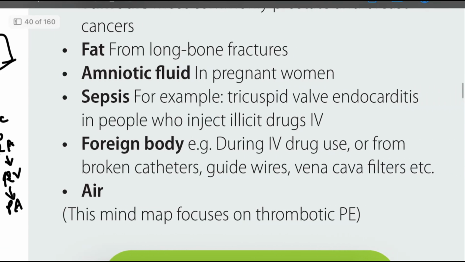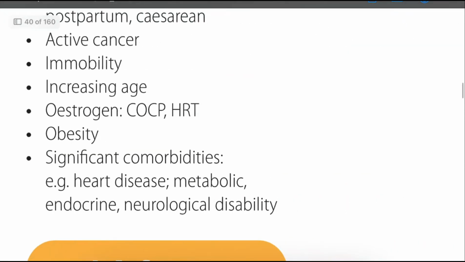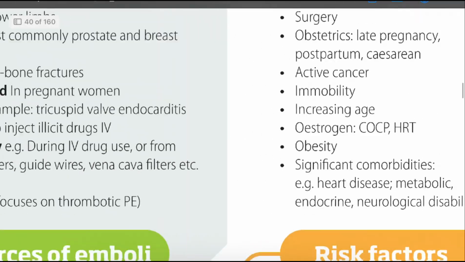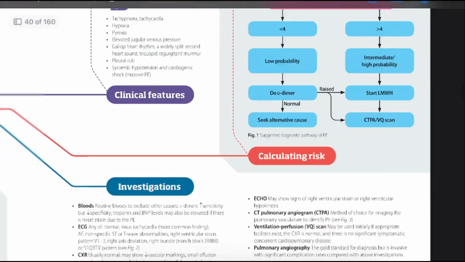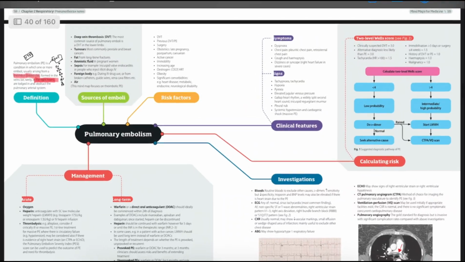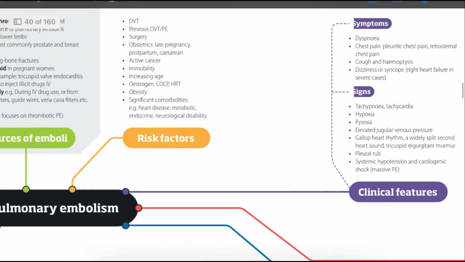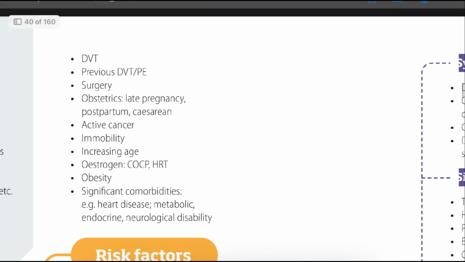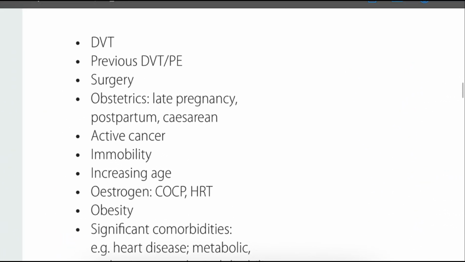So how will the patient get pulmonary embolism? If you're seeing the pathophysiology, first of all we have some risk factors. Because of these risk factors, the patient can get pulmonary embolism.